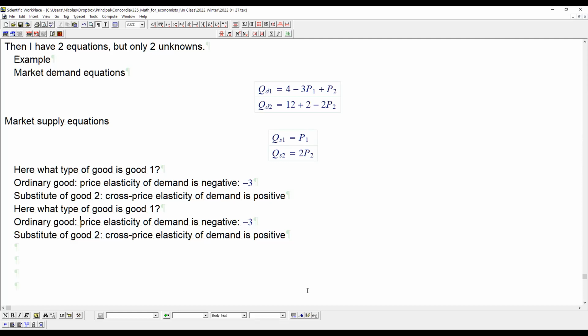So it's an ordinary good, because the price elasticity is -2 here.